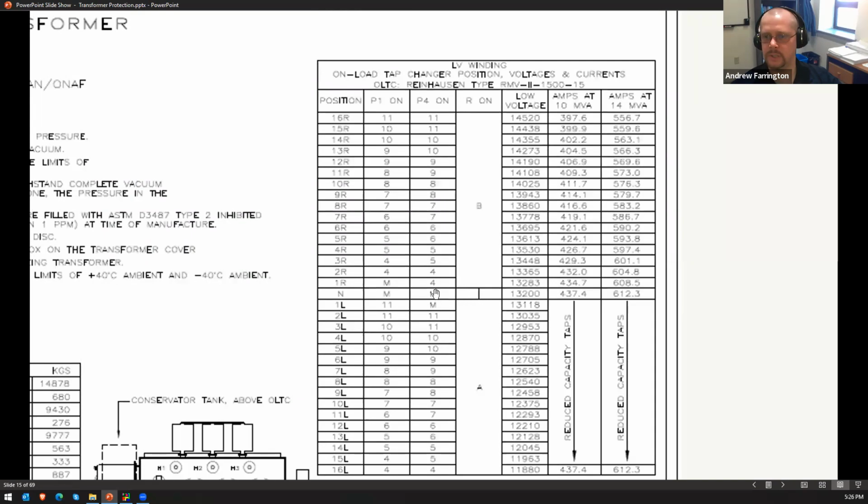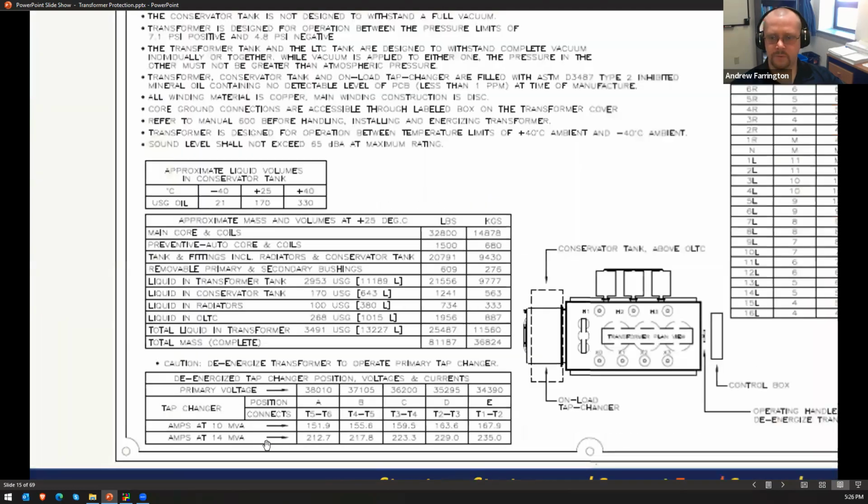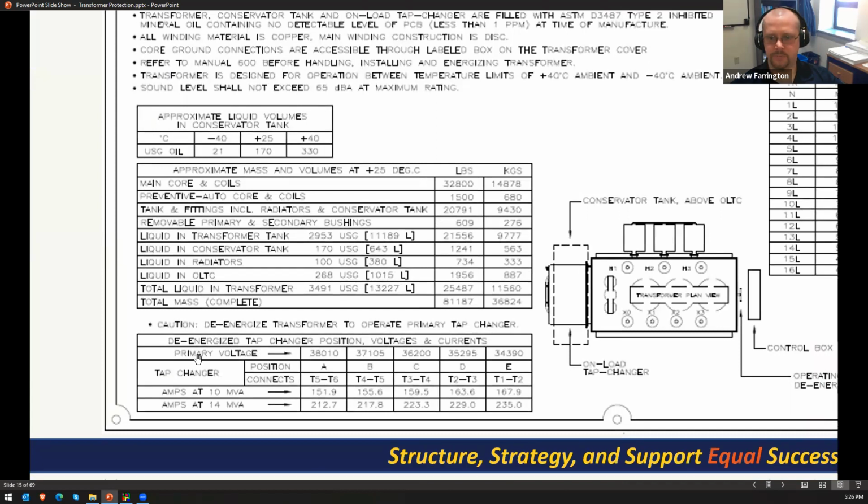Neutral is here, and then you've got 16 raise, which increases your low voltage winding voltage by 10%, and then you've got 16 lower, which decreases it by 10%. You have the de-energized tap changer positions. So again, this increases or decreases the high voltage winding voltage by plus or minus 5%.